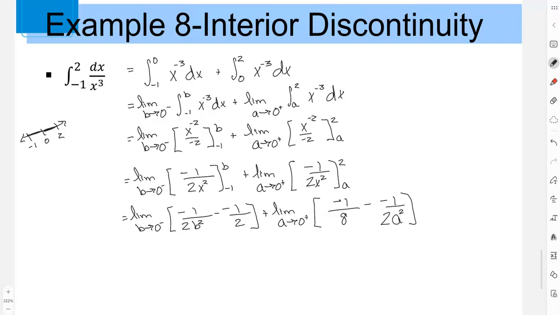Now, let's clean all of this up just a little bit. So the limit as b goes to 0 from the left of negative 1 over 2b squared plus 1 half, plus the limit as a goes to 0 from the right of negative 1 over 8 plus 1 over 2a squared.